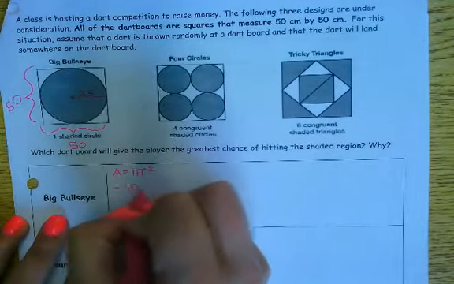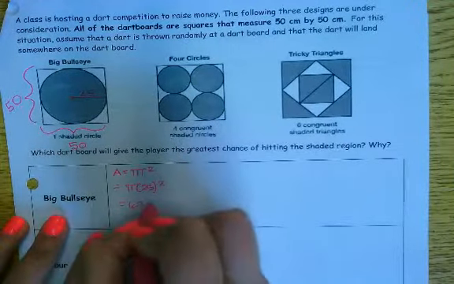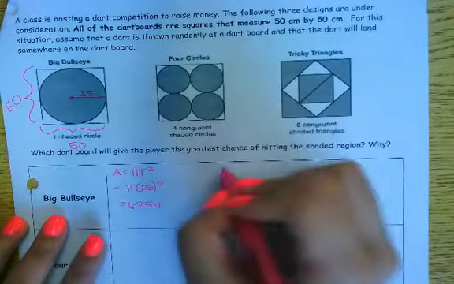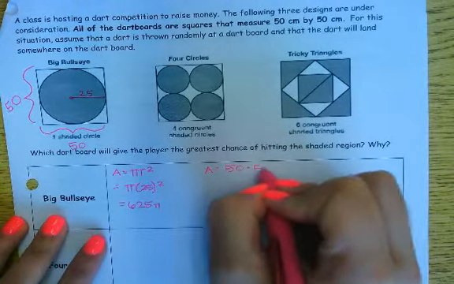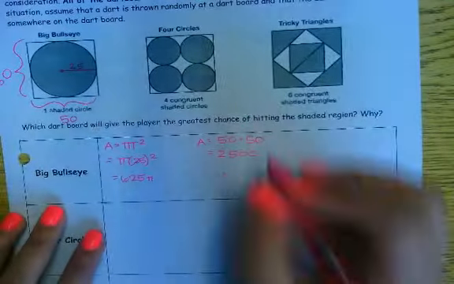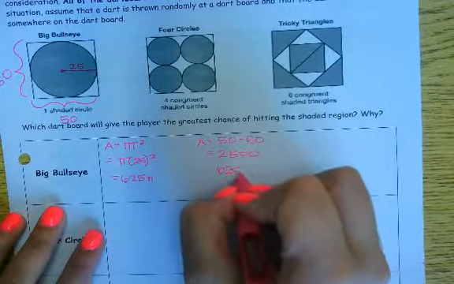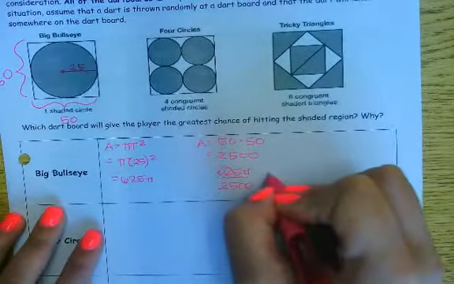What is the area of our board? 2,500. So how would we find the probability of this shaded region? Very good. And then what percentage is that about? 0.54?